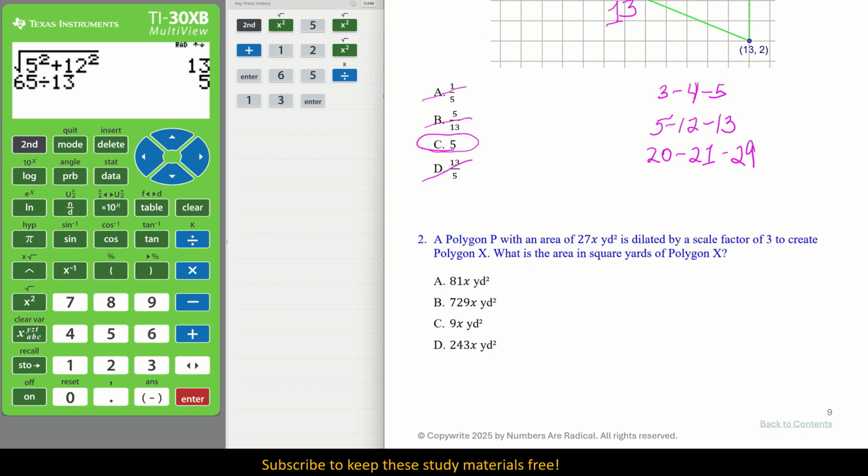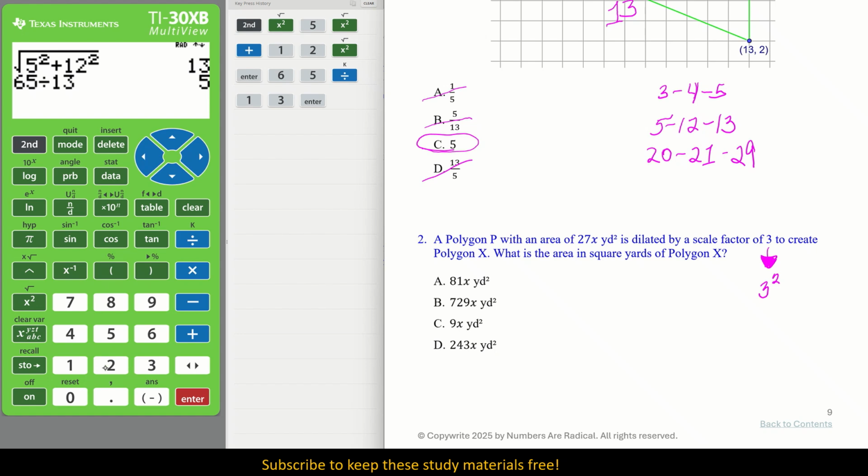Okay, when we talk scale factor and we're talking about area, the first thing you need to do is tell yourself area is squared, so my scale factor needs to be squared. You simply do not have a choice. Now, you're going from an area to another area. So that's 27 times 3 to the second power.